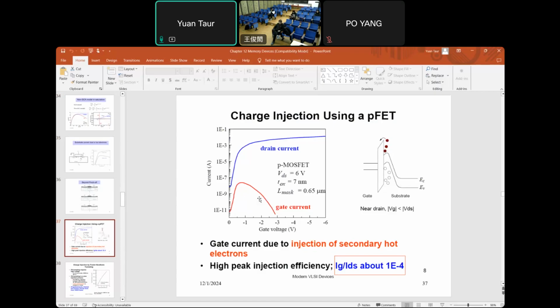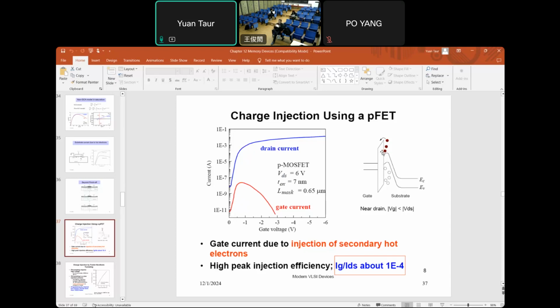So the gate current, you can see that it peaks right here without very high drain voltage. In this case, we produce hot holes near the drain.